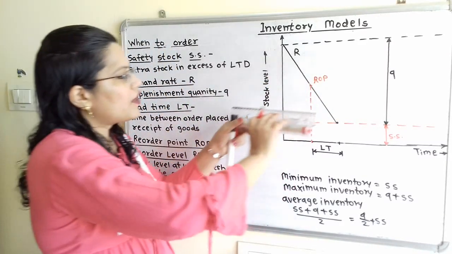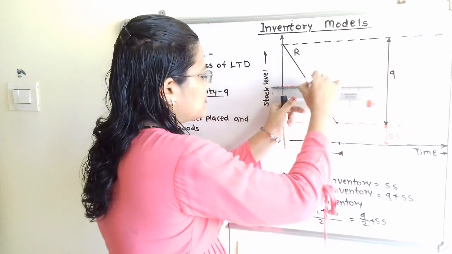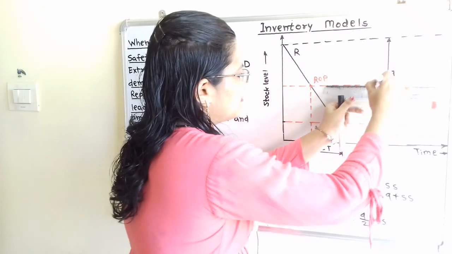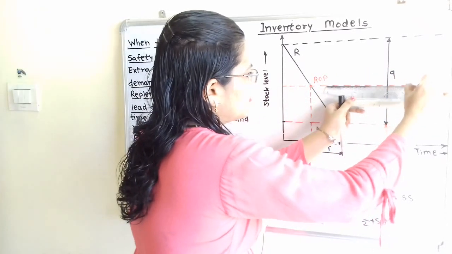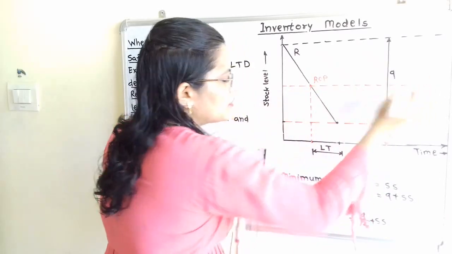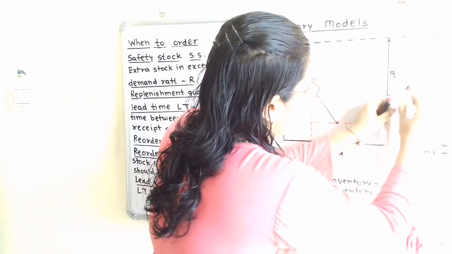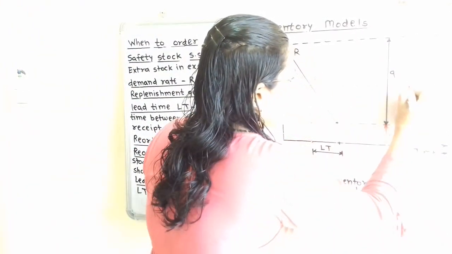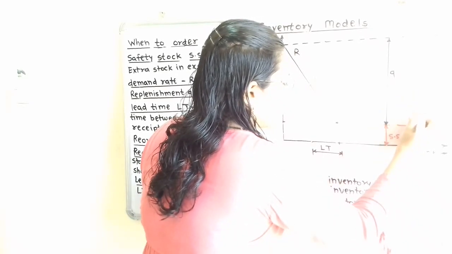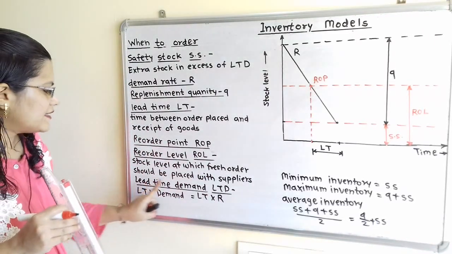So we will draw one horizontal line passing through this reorder point, and the level for this horizontal line is known as the reorder level. So again I will show it with the help of a vertical line. This is the reorder level, ROL.